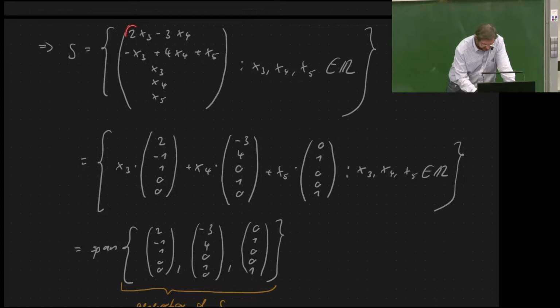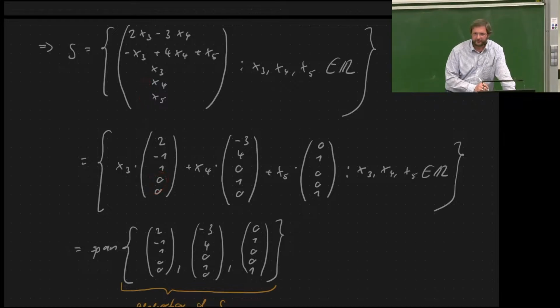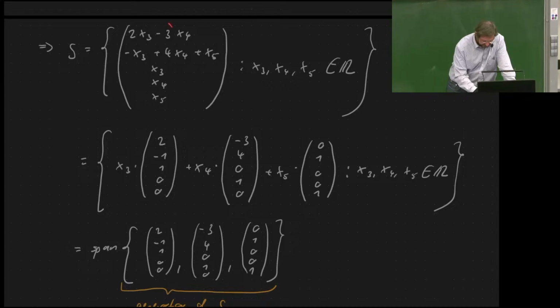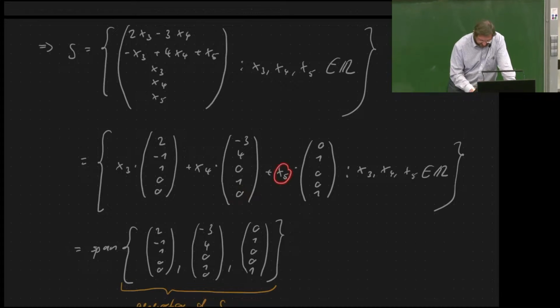For x3, we have 2 here, we have -1 here, we have 1 here, and we have zeros in those 2 rows. For x4, we get a -3, this here, a +4, a 0, a 1, and another 0. And then for x5, there's no x5 in the first row, so there's a 0, 1 here, 0 here and here, and a 1 in the last row.